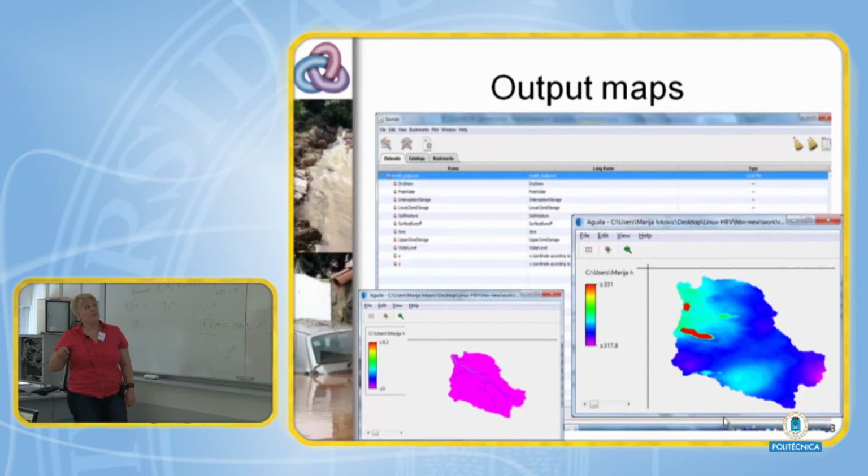You will have the information about the water and snow content of the upper and lower reservoir, and most important, that is something that is usually the first thing that you will visualize, surface runoff. You also have water level, and those are these output maps. Also, you can visualize them with Aguila.